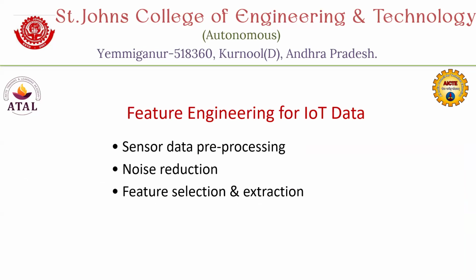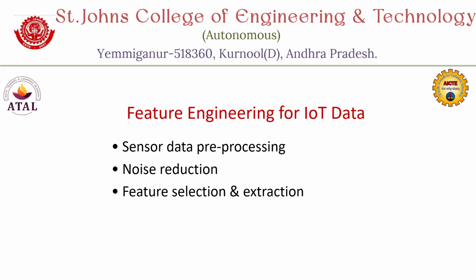Next we talk about feature engineering for IoT data. What are the major features in IoT data? The major features are sensor data pre-processing, noise reduction, and feature selection and extraction. These are the 3 major points. As the raw data is noisy, feature extraction like FFT for vibration data or statistical measures for time series data is crucial for ML performance.